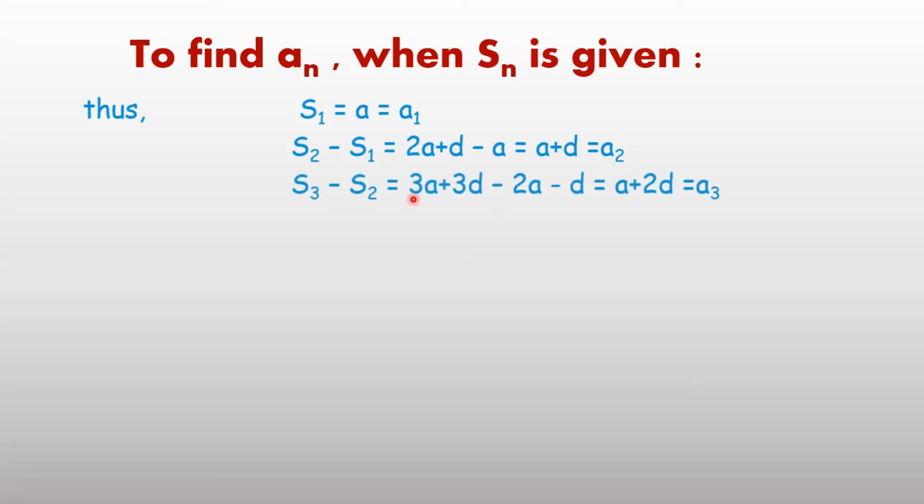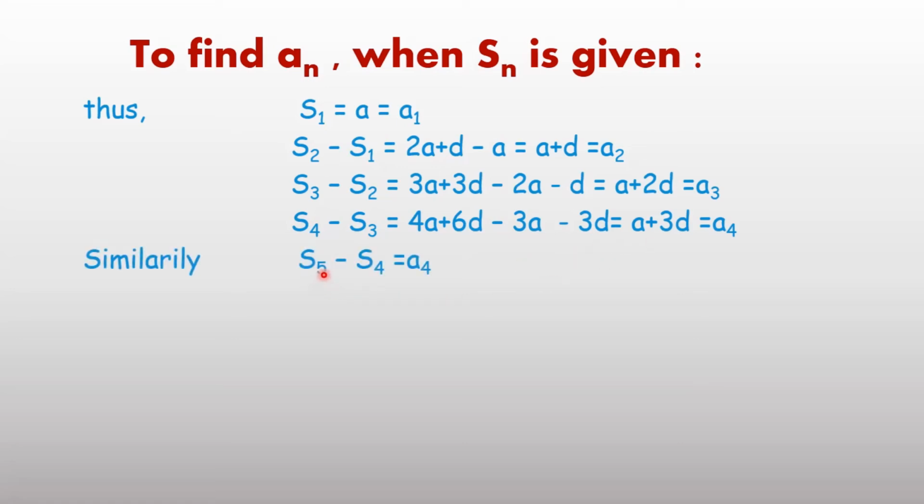S3 minus S2, just put and solve. After solving we are getting a plus 2d, which is equal to a3. S4 minus S3 equal to a4. It implies, if anyone asks S9 minus S8, it equals a9, or S5 minus S4 equals a4.